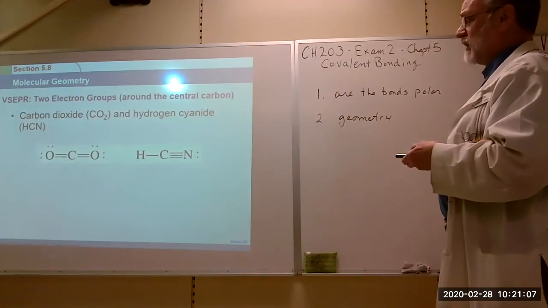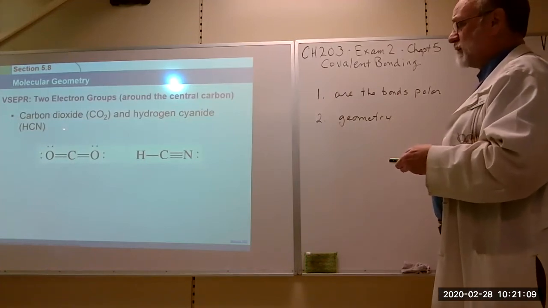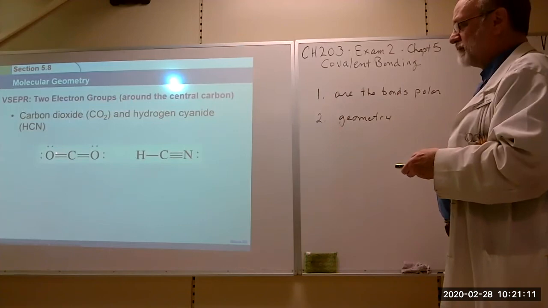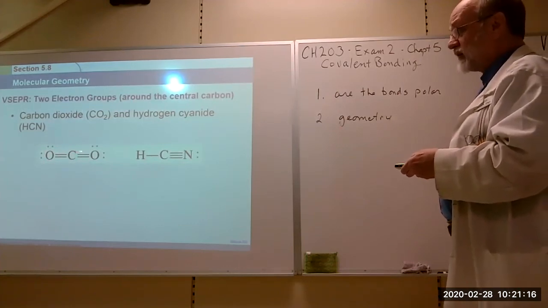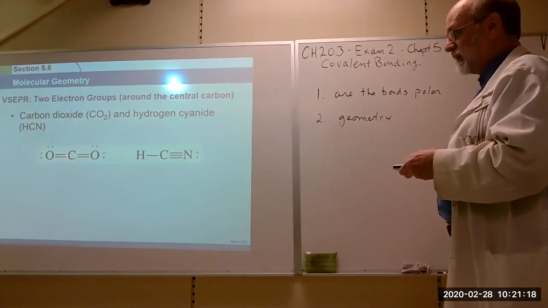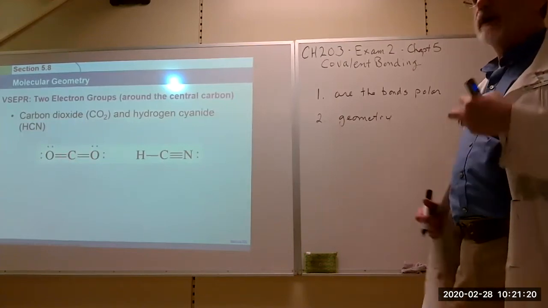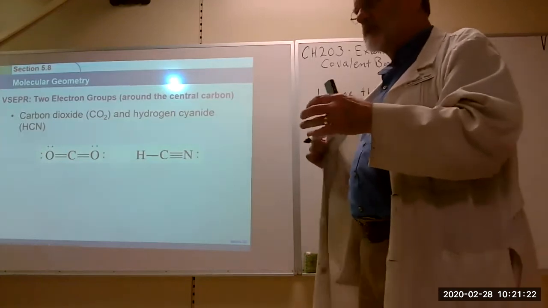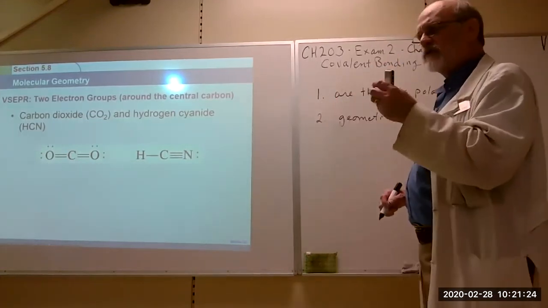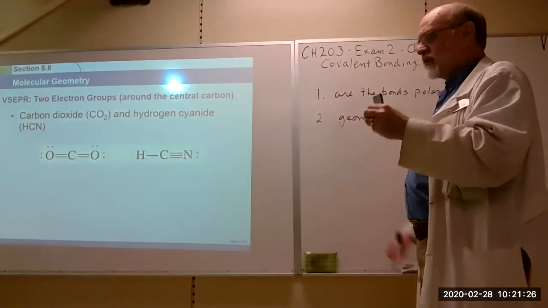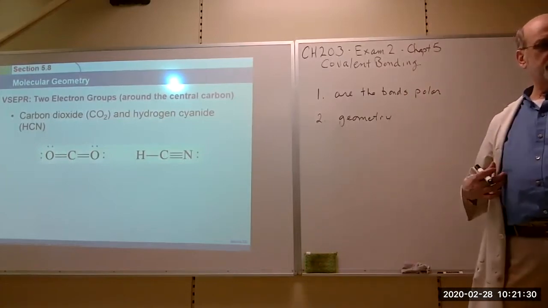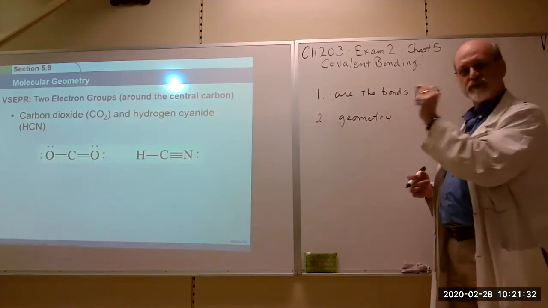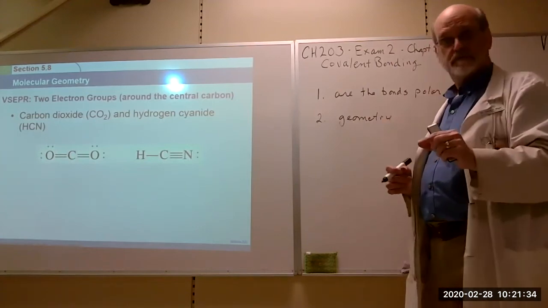So in this case, carbon dioxide and hydrogen cyanide both form these. Carbon has 2 groups around it right here. So when we're talking about VSEPR structures, it's always referenced to a central atom. If the molecule is big enough, you can have different geometries in different positions in the molecule.